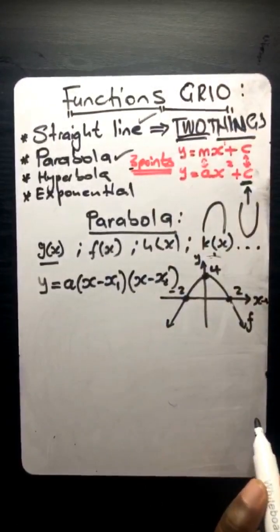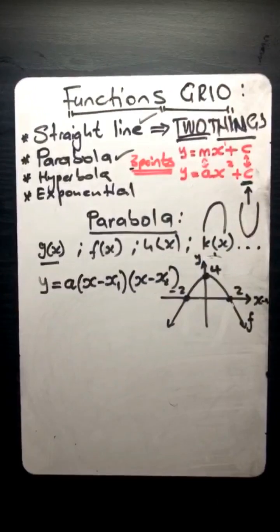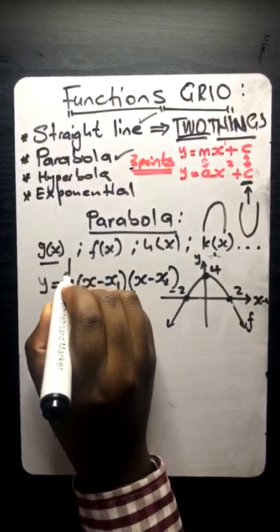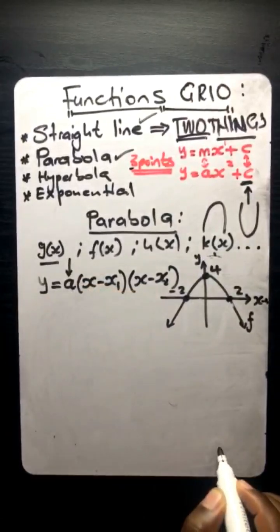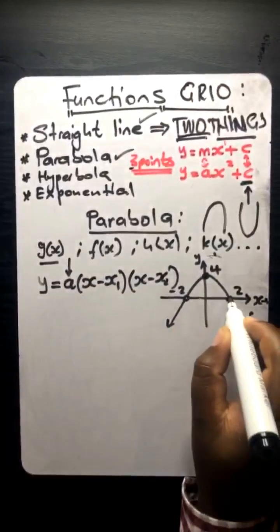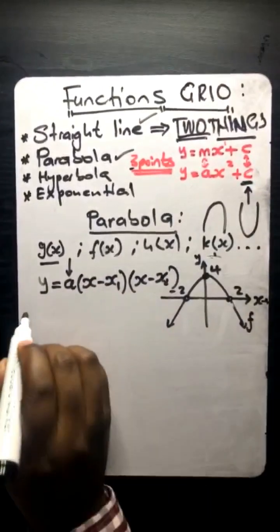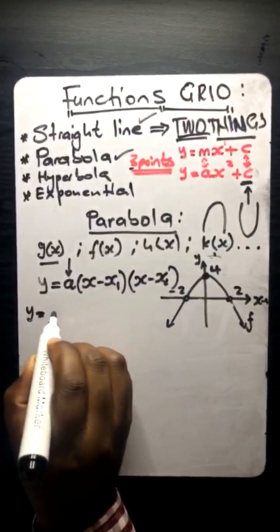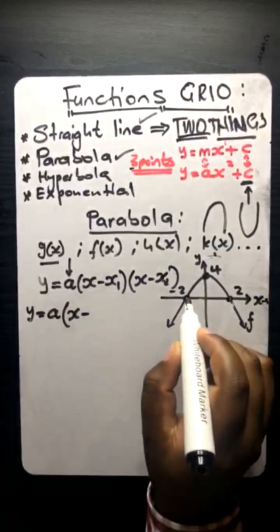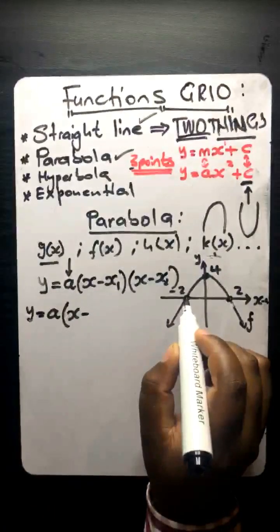The procedure is such that you actually need to find the a value. Let me show you how you substitute. You firstly start with your x-intercepts. So you have y equals a into x minus our first x value.